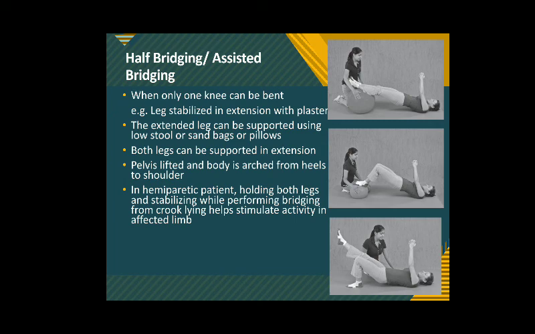Both the legs can be supported in extension with the help of a bolster or a ball. Pelvis is lifted and the body is arched from heels to shoulders. When we are training a hemiparetic patient, holding both the legs and stabilizing when we are performing bridging from crook lying helps to stimulate activities in the affected limb.